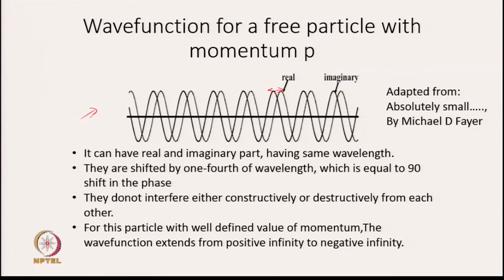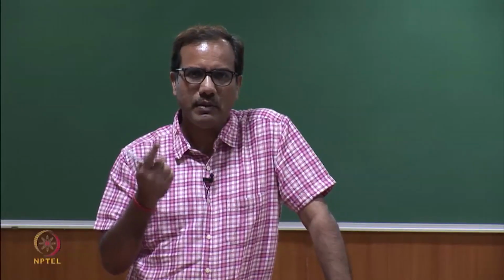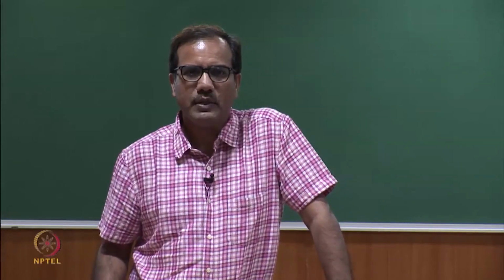These two waves do not interfere either constructively or destructively with each other for this particle with a well defined value of momentum. Since there is one wave of one wavelength, it has a well defined momentum.